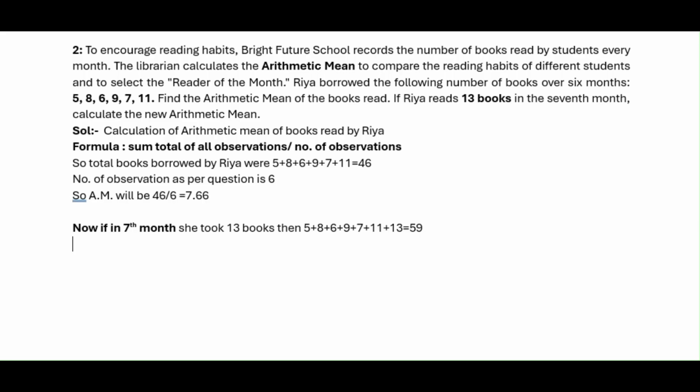And the number of observations as per the question here is 7, so we are going to write here 7. Again putting the formula, the new arithmetic mean will be 59 upon 7, which is equal to 8.42. I hope everything will be clear up to here.